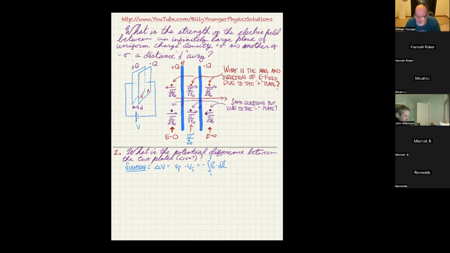You can do it either with the dl, in which case the range of integration would just go from small variable to large variable, and the dl would point the direction you're actually going. Or the other choice would be with the range of integration, in other words, from the initial position to the final position, but the dl would point in the positive coordinate direction.